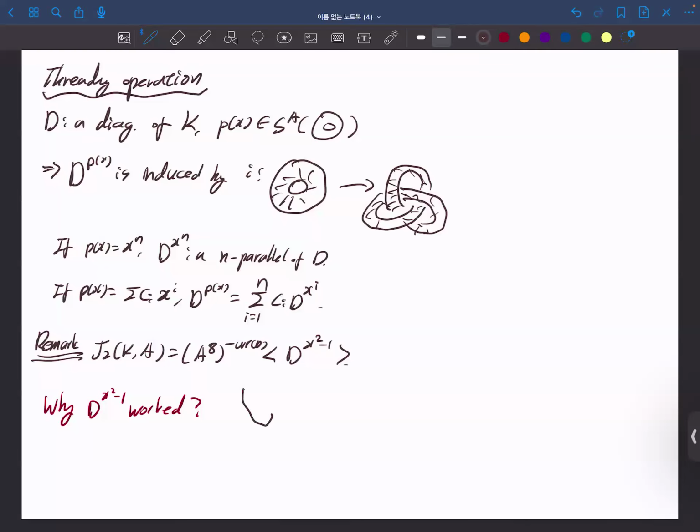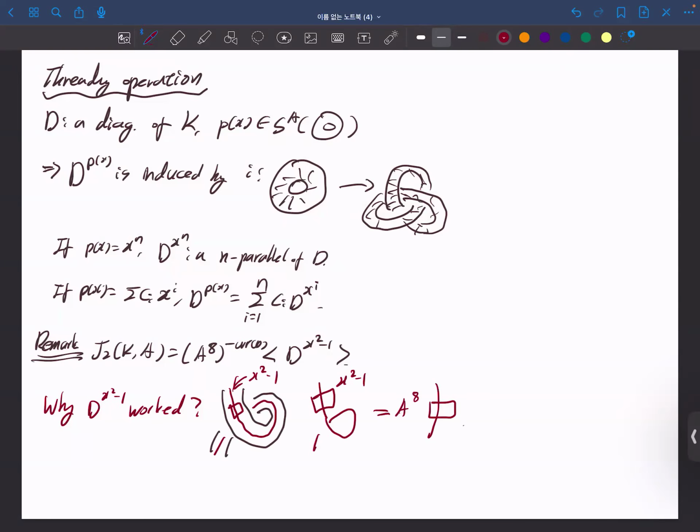It was because when we have this one, x squared minus 1 gives A to the 8 of this one.